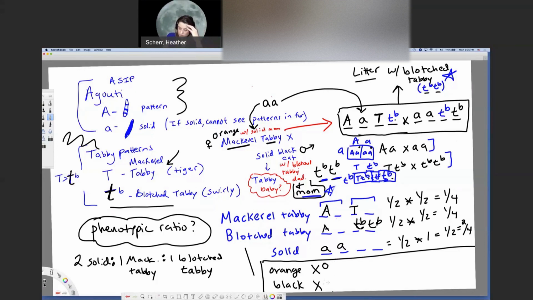The little o allele produces more eumelanin, which is a dark pigment, so it gives you a black phenotype. So those are the 2, and then these are X inactivation, tortie, which is tortoiseshell, and we want it to be mackerel tabby. So I think they actually call it a torbee, a tortoiseshell tabby cat.